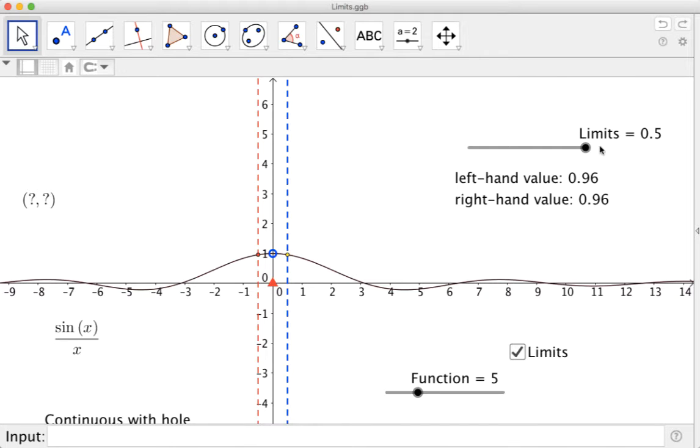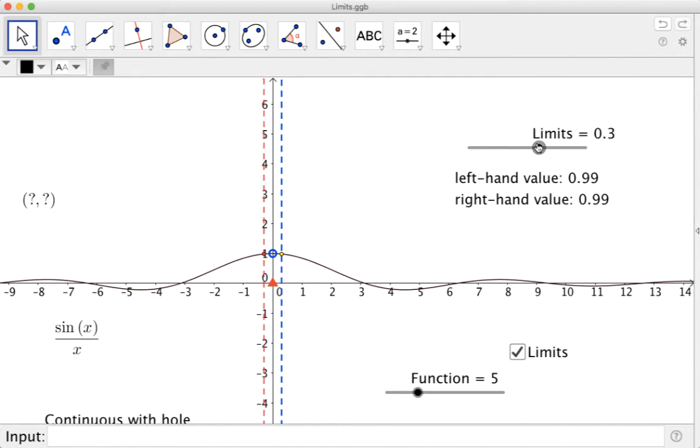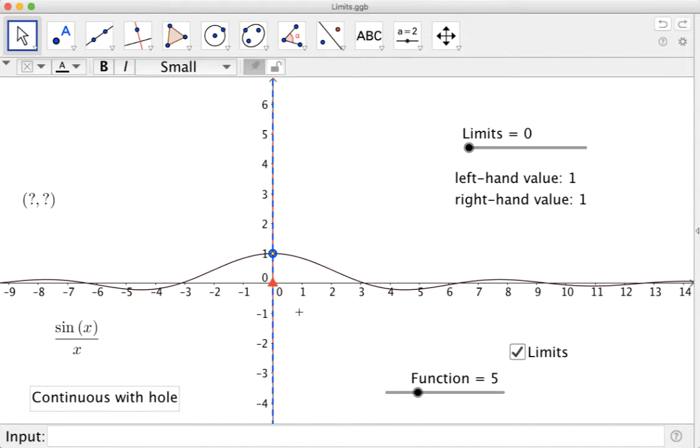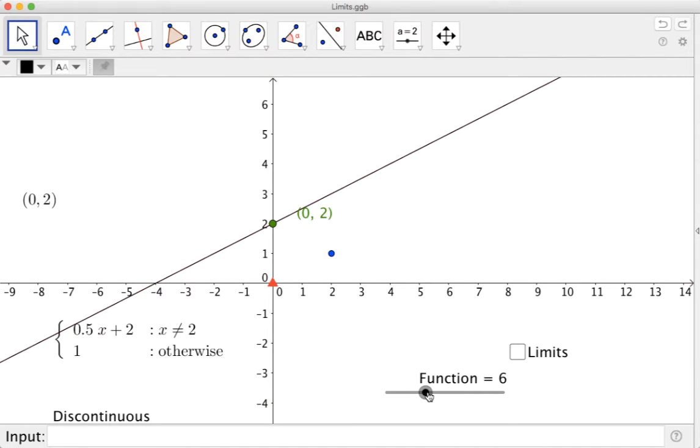So the limits as we approach x is equal to 0, the limits from both the positive and the negative side approach positive 1. And so this function does have a limit at x is equal to 0, even though it's not defined there. This would be an example where it would be easier to evaluate that limit graphically than it would be algebraically, although we will learn algebraic methods to be able to evaluate that limit.